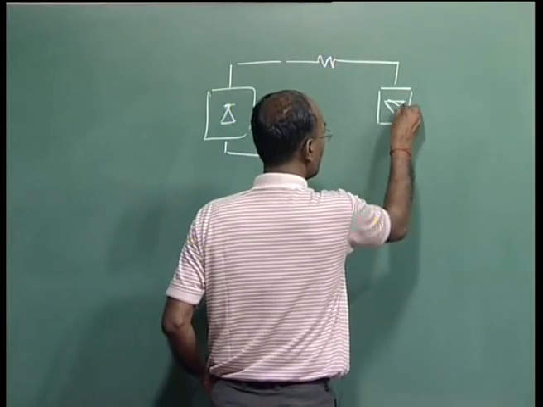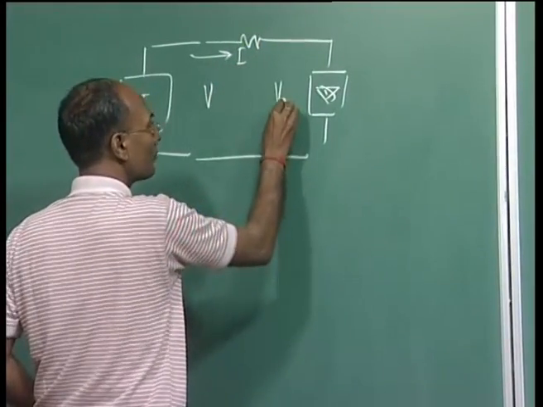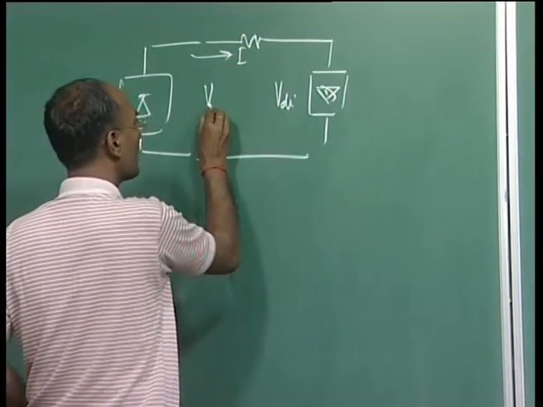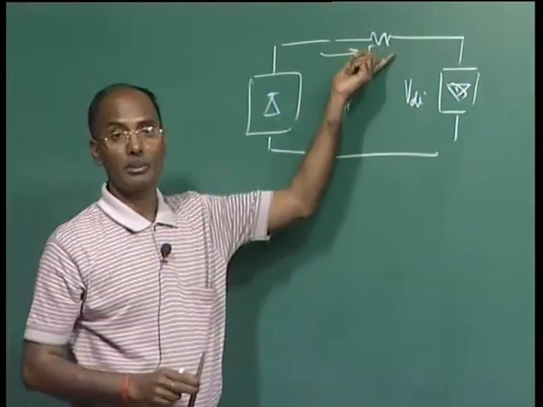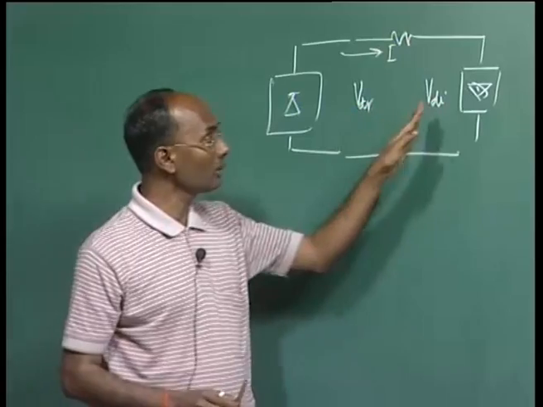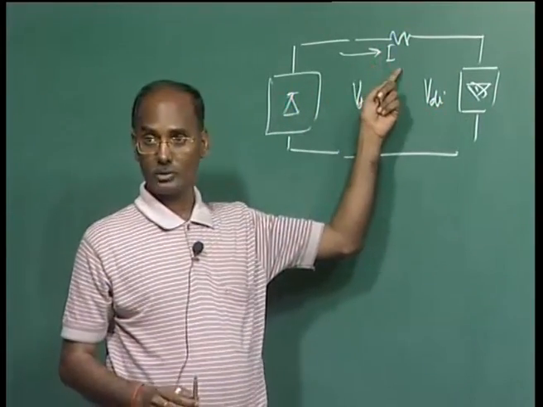So the current flowing is basically VDR and VDI, and the voltage difference divided by R will be the current. So even though there is no problem on this side, a problem on the other side may also cause the current to increase.